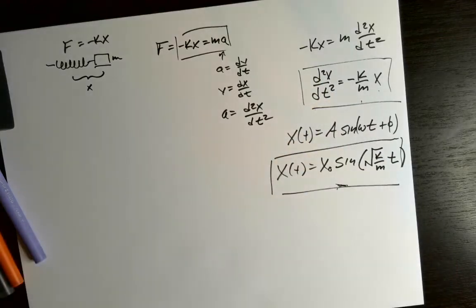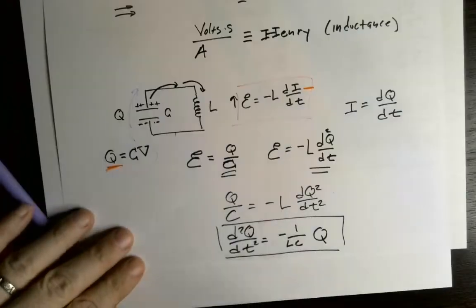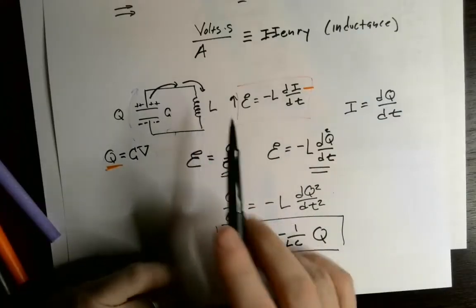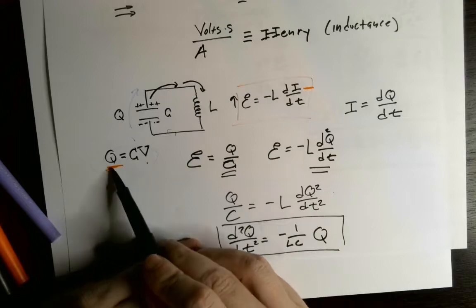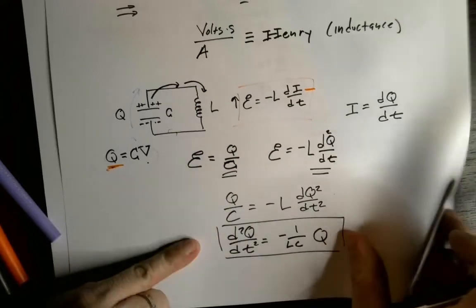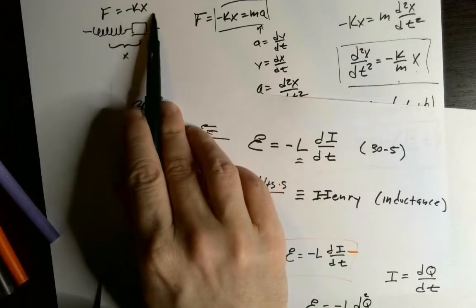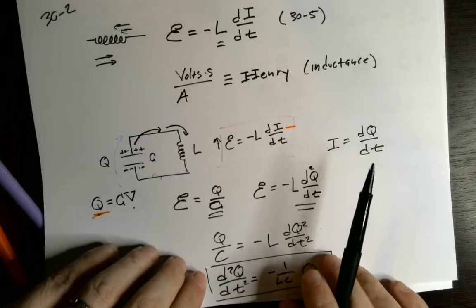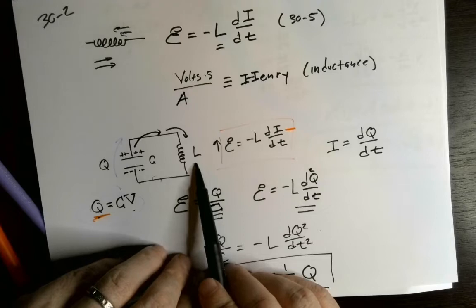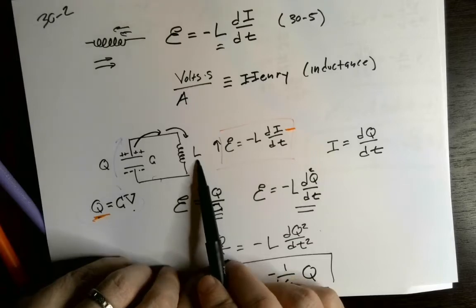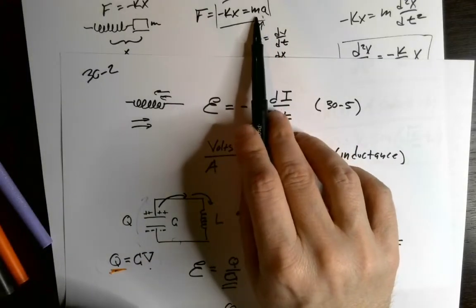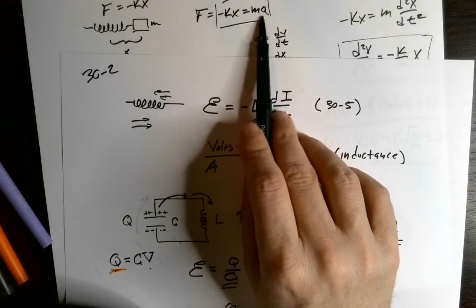Well, look what we just got for this circuit with a capacitor and an inductor. The voltage is proportional to the charge, just like the force in a harmonic oscillator is proportional to the position. There is a resistance to a change in current, just like Newton's second law says there's a resistance to a change in velocity.